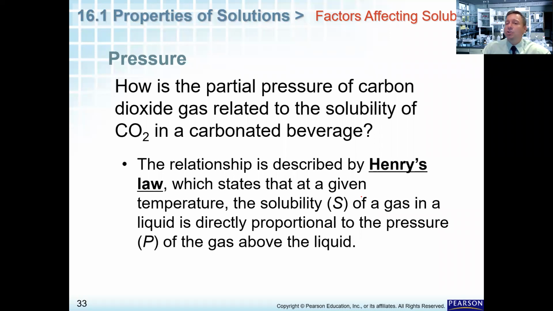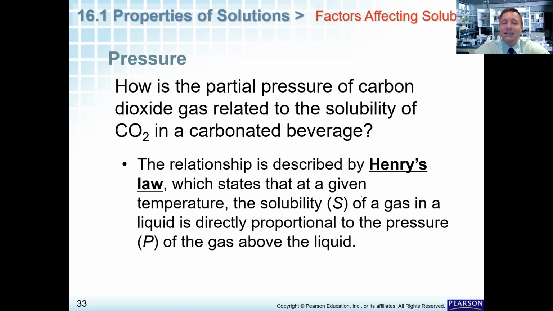And that's what Henry's law is. The relationship is described as Henry's law. Please write this down. It states that at a given temperature, the solubility of a gas, which is labeled as S, in a liquid is directly proportional to the pressure above the liquid.